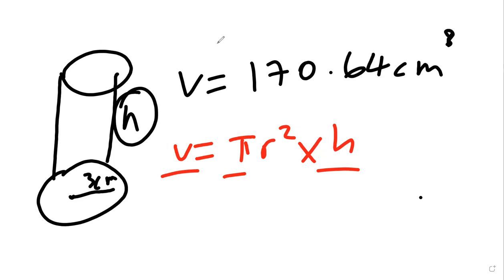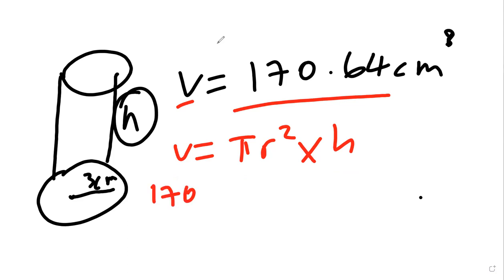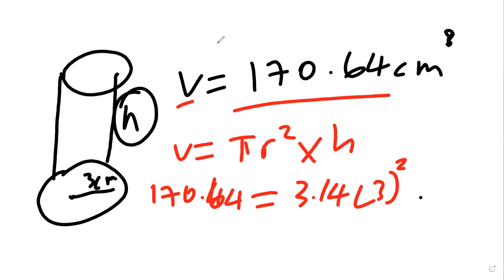So 17064 is equal to pi times 3 squared times h, where h is unknown.